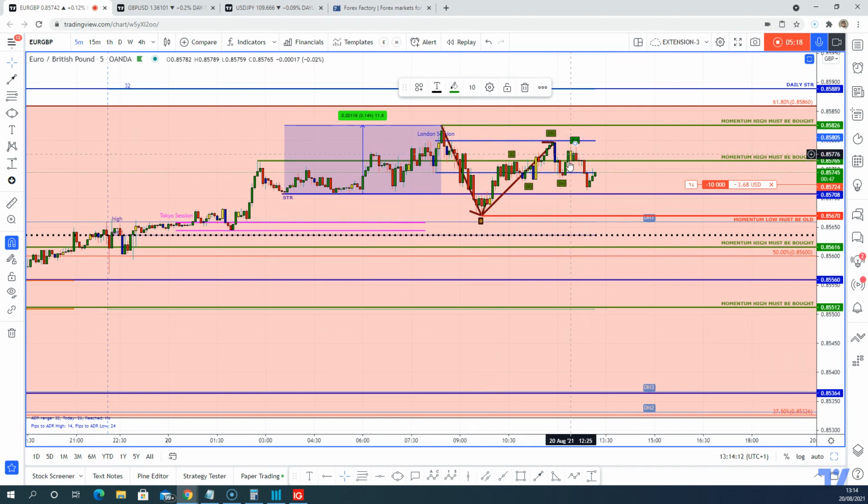And this is an indication that this structure, this momentum low, okay, is going to cause a trend change, because this is a trend changing pattern. And we should be expecting further decline in price in the euro pound today, unless price breaks above here.